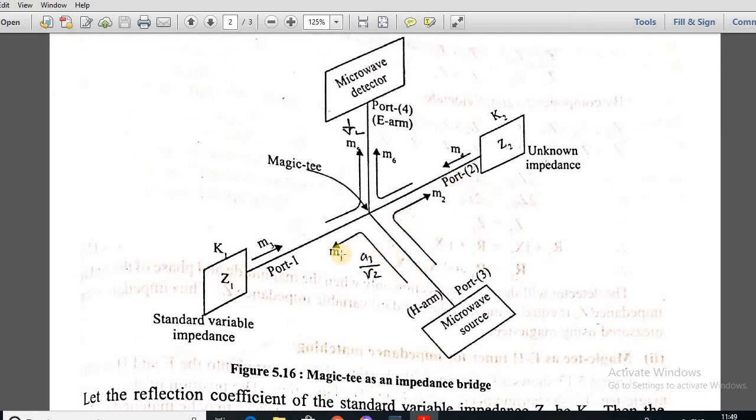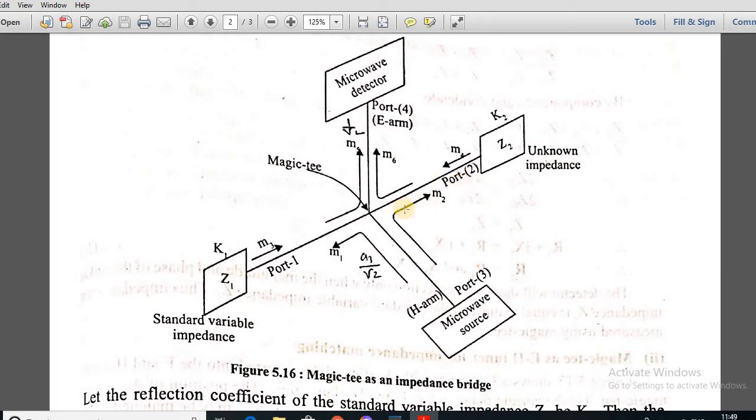These coefficients we can call M1 and M2. M1 is the value going into port 1 and M2 is the value going into port 2. So M1 is equal to A3 divided by root 2, and M2 is also equal to A3 divided by root 2.